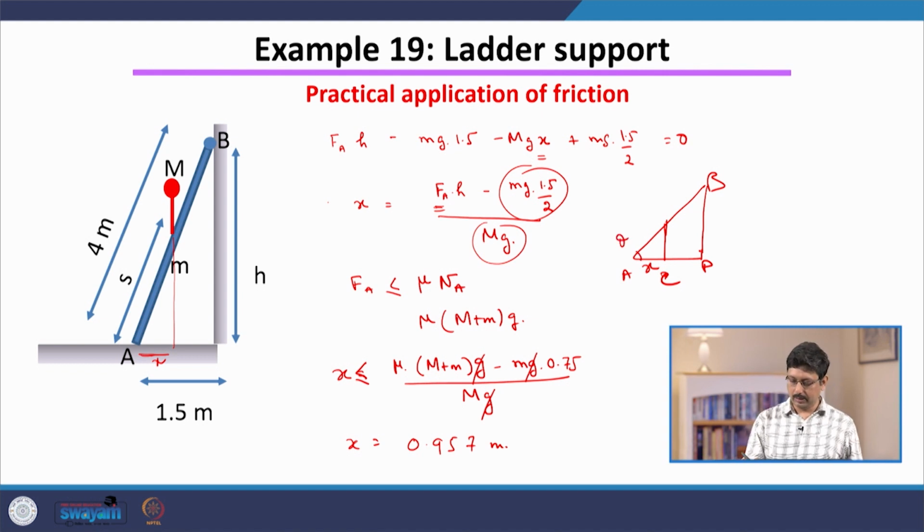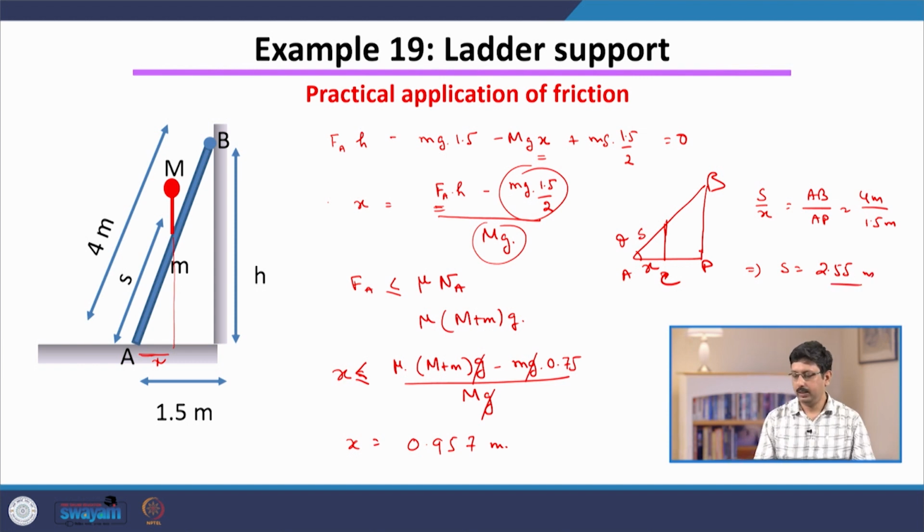You can see from this geometry that s by x is given by AB by AP, which is 4 meter by 1.5 meter, and from that you get s to be 2.55 meter. So, plug in the values of x, AB and AP, and you get that answer.